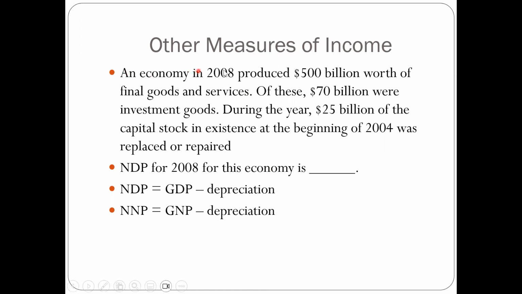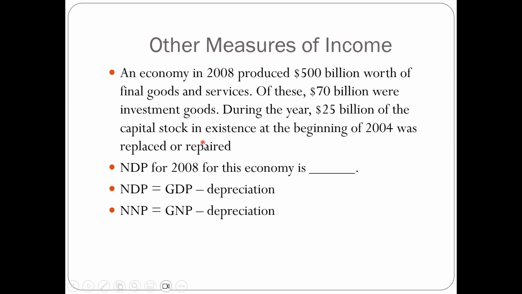An economy in 2008 produced 500 billion worth of final goods and services. Of these, 70 billion were investment goods, and 25 billion of the capital stock in existence at the beginning of 2008 was replaced or repaired.